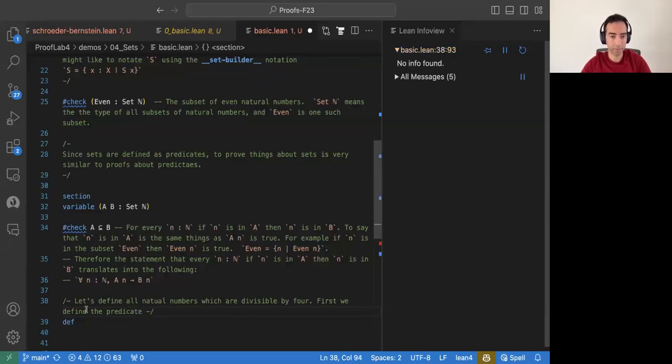First we define it as a predicate. Maybe I write it like div by 4, for the lack of a better name.